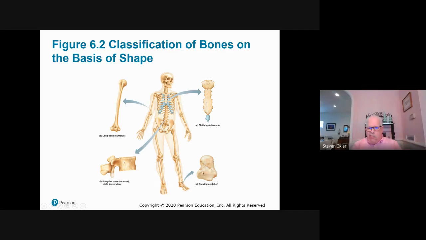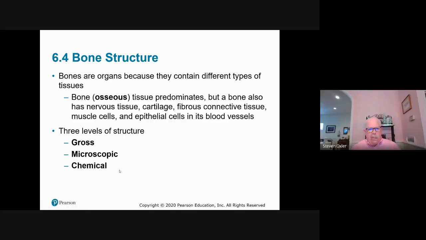Okay? Short bones, the bones of the ankle and wrist. This happens to be the talus, which is the major bone of the ankle, and irregular bones. Look at this bone, very irregular shape. This is one of your lumbar vertebrae.